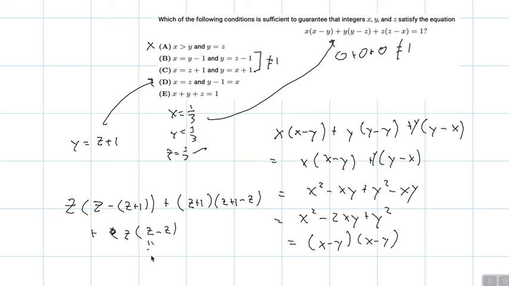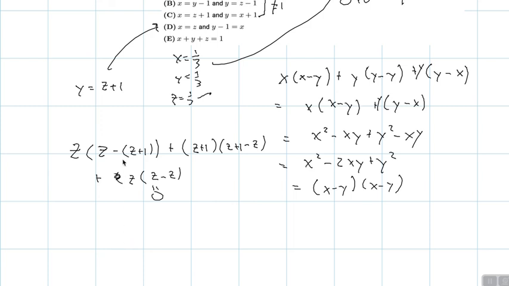So this expression will evaluate to 0. That term up there is going to evaluate to z times -1. And this here is the same as 1. So it's going to be plus z plus 1. And when we add these, we get 1.